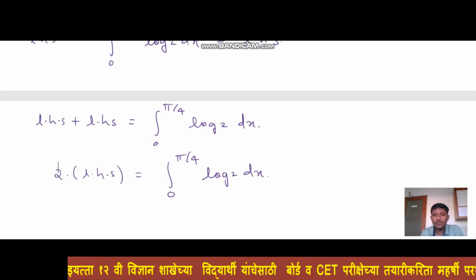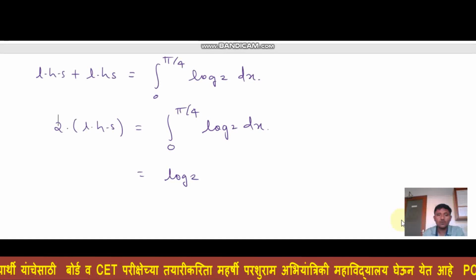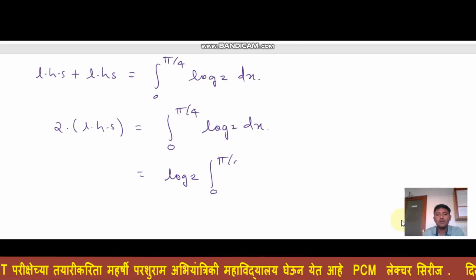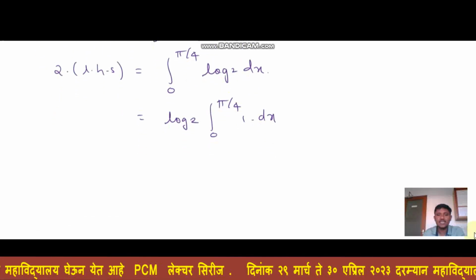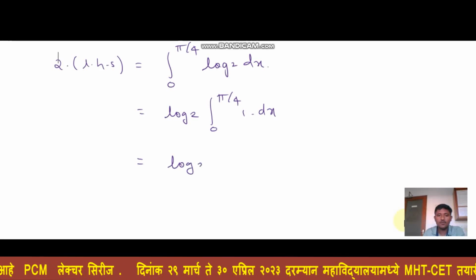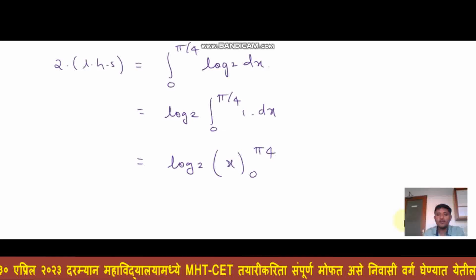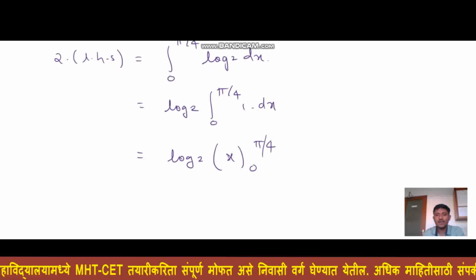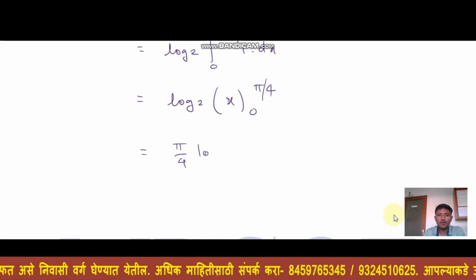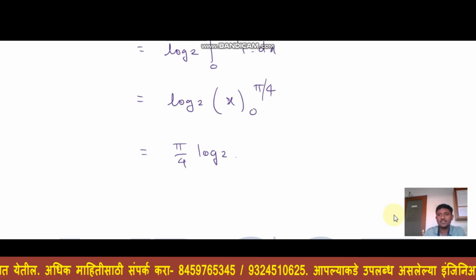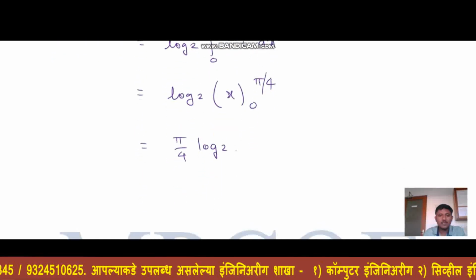Now we will take log 2 outside the integration, as log 2 is constant, and this will be integral 0 to pi by 4 of 1 dx. And we know that integral of 1 dx is x. This will be log of 2 into x, with upper limit pi by 4 and lower limit 0. Now this will be pi by 4 log 2.